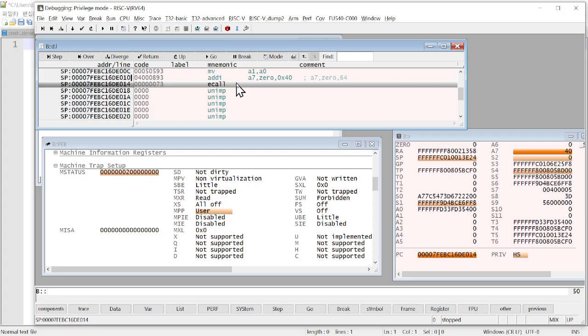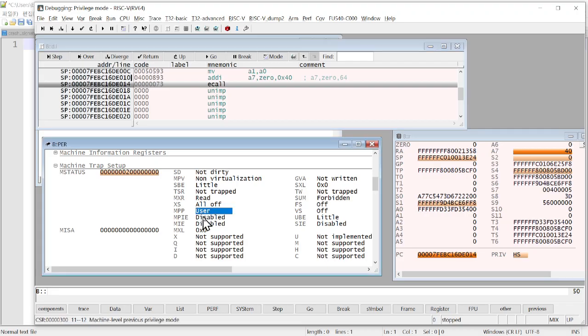Now, I will run this instruction to see which value will be updated in the MPP field inside the machine status register. So I will run this instruction by choosing step button 1, 2, 3, and pay attention to the MPP bit field along with this information.